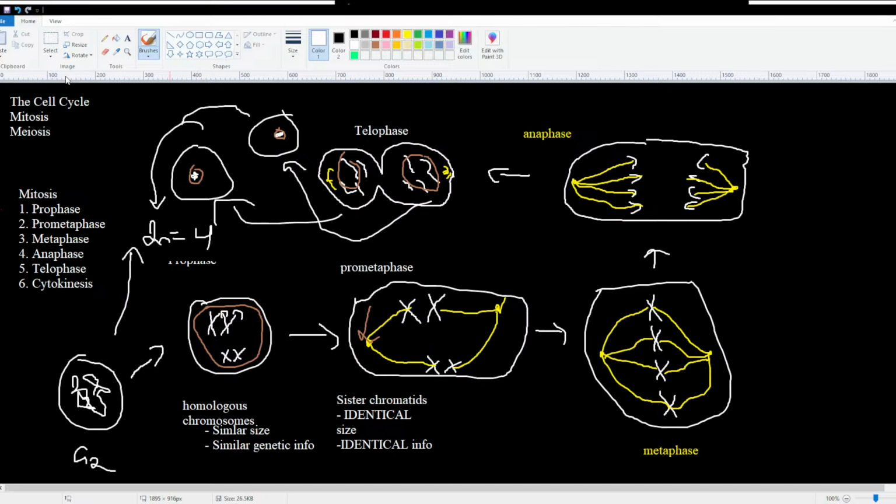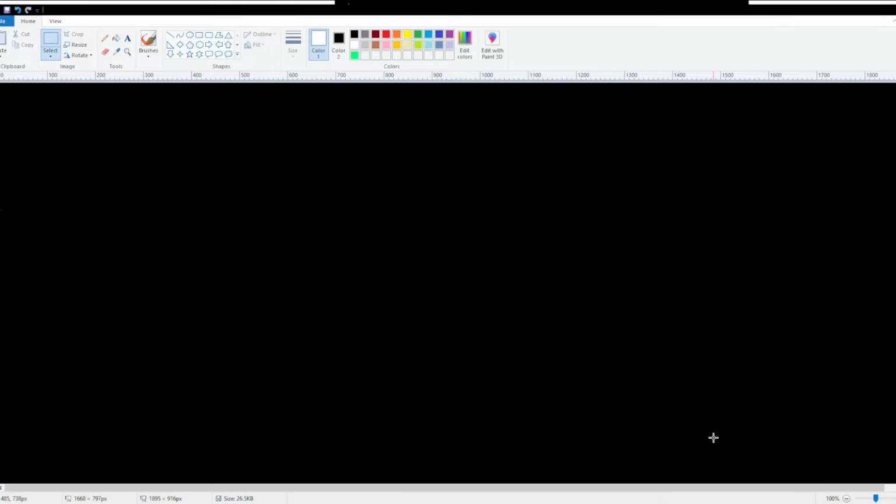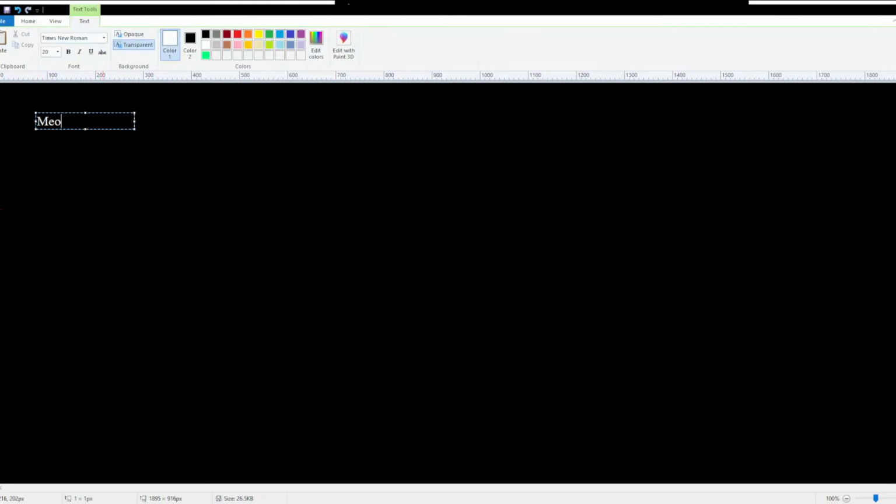So I'm going to take it a little slow as well because I understand this is quite difficult. I don't want to take it too slow because I've been here for a while, but anyway. So now we're going to go over meiosis.